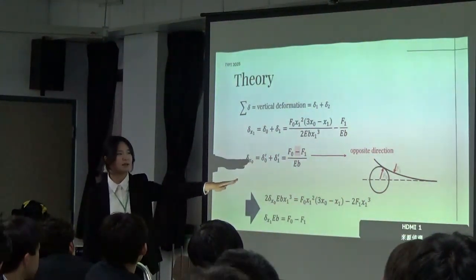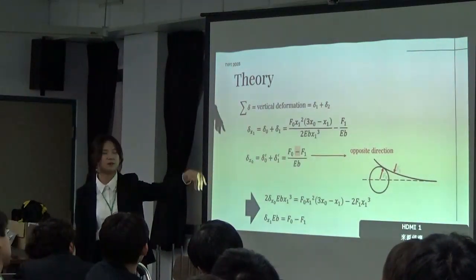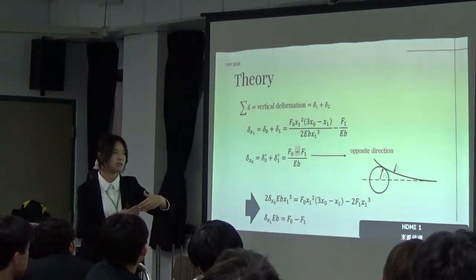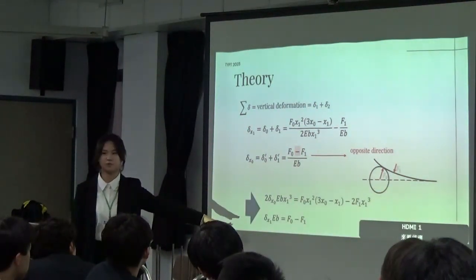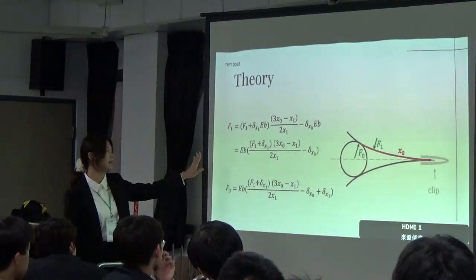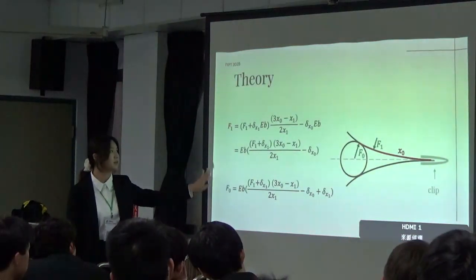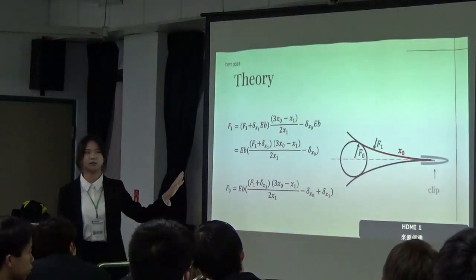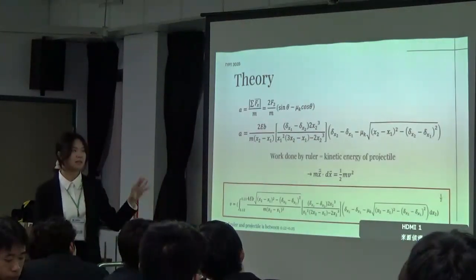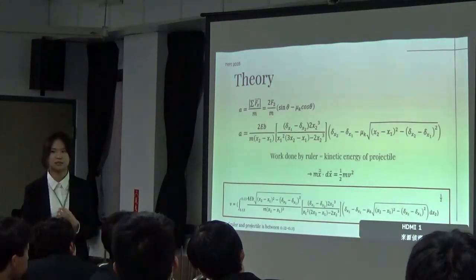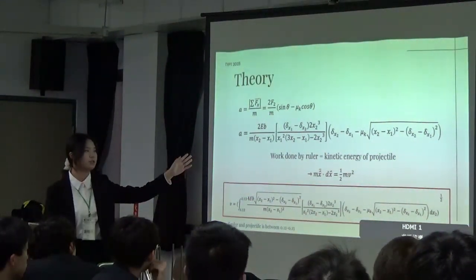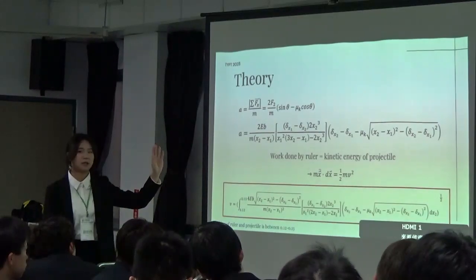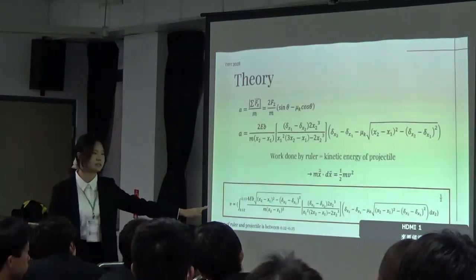And it will be minus because my f0 and f1 are in opposite directions. After rearranging, I can get this formula, and I rearrange it again so I can get f0 and f1. Because according to the statement, the parameter they want us to compare is the velocity, I can use F equals ma to get the acceleration and do the integration again, so I can get the velocity.